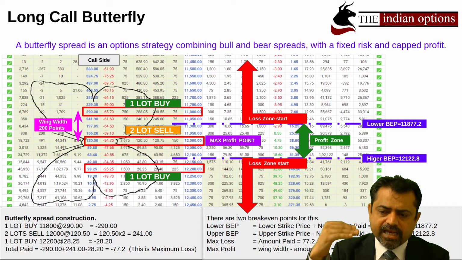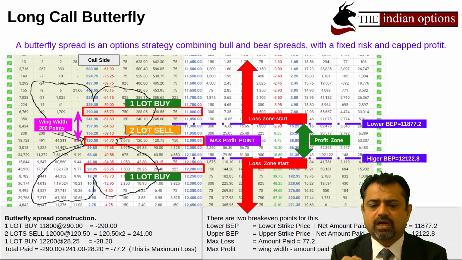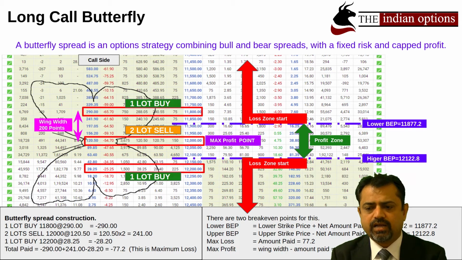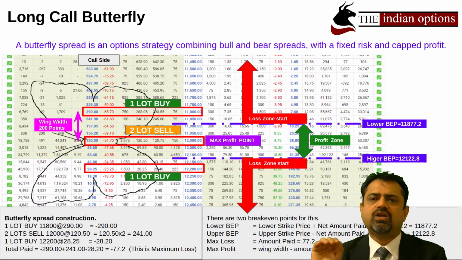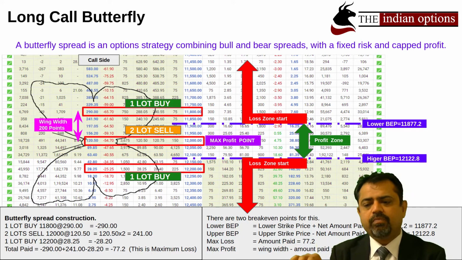That minus the money you have paid, 12,200 minus 77.2, comes out to be 12,122.8. So that is going to be your BEP.